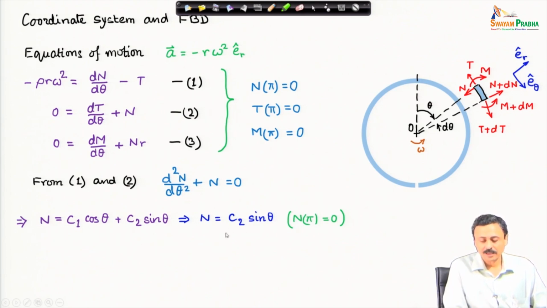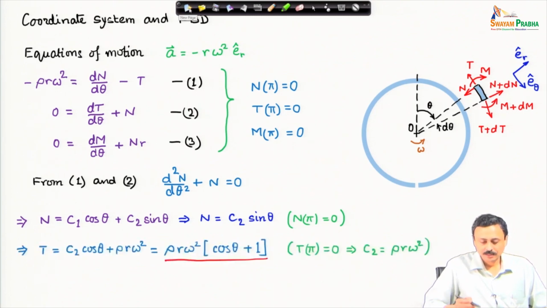Therefore, I can have only this C2 sin theta term. This satisfies the condition that the shear force at pi is 0. So, I have not been able to as yet solve for C2.